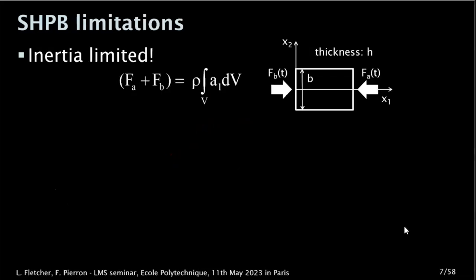If you write the full equilibrium of the test specimen, what you know is that the sum of these forces is equal to the integral of the density, which I've taken out of the integral here, assuming that the density is constant, but it would probably be better to put it inside the integral, times the acceleration, here the longitudinal component A1 of the acceleration, integrated over the whole volume. And of course, when inertia effects damp out, this term becomes 0, and you recover the quasi-static equilibrium, which is that the sum of forces equals 0 at both ends.